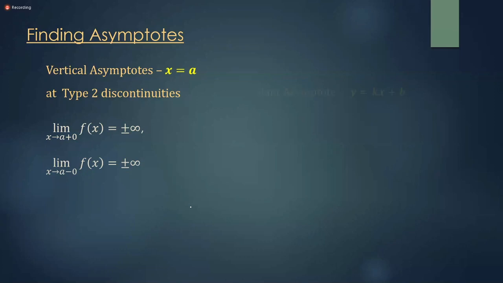And then we had slant asymptotes. The slant asymptote, of course, is a line. You know the general equation of a line, the slope-intercept form, y equals kx plus b. Because we are in calculus, we prefer to use the line equations in function form: y equals some expression of x.